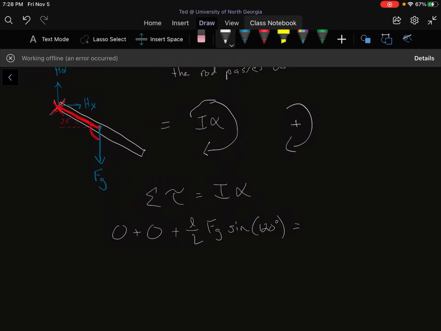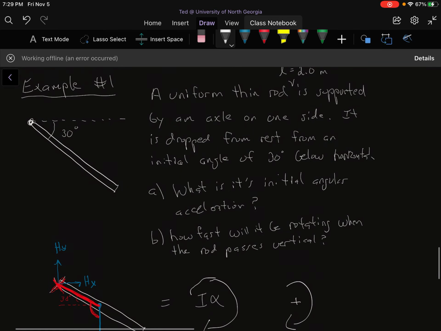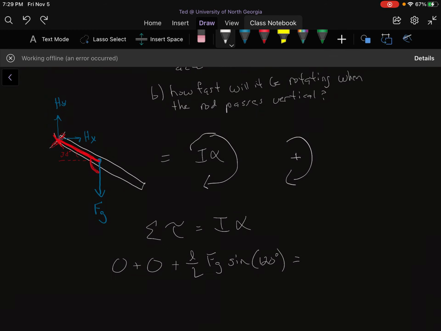Now I'm going to go ahead and put in my moment of inertia. This is a thin rod rotating around one edge. A uniform thin rod rotating around one end. And so I go and look that up.